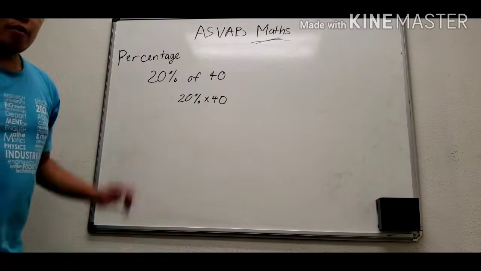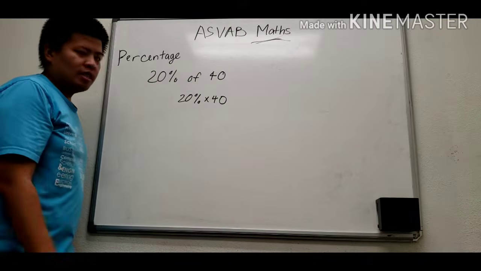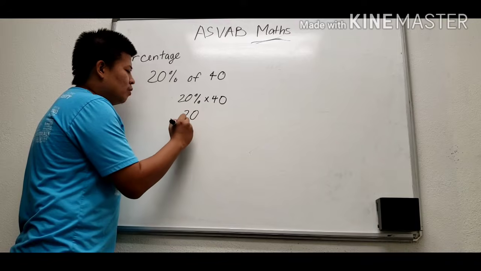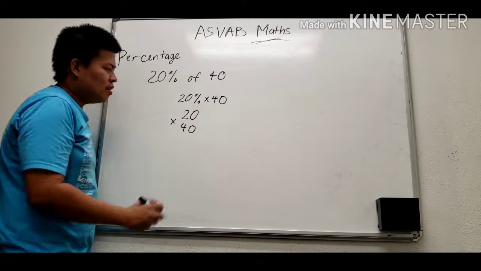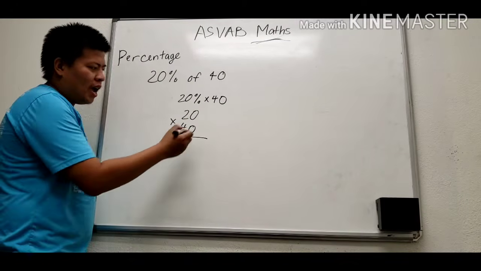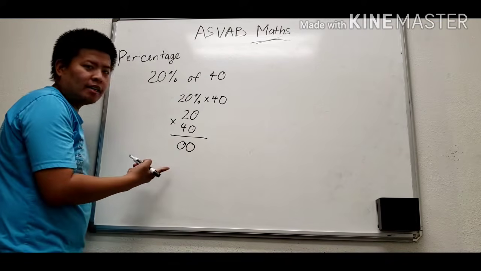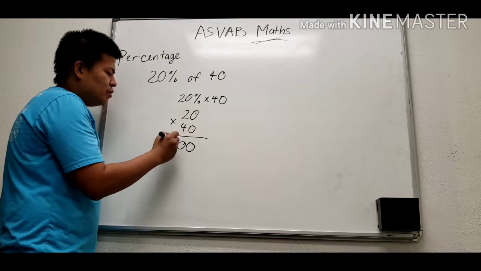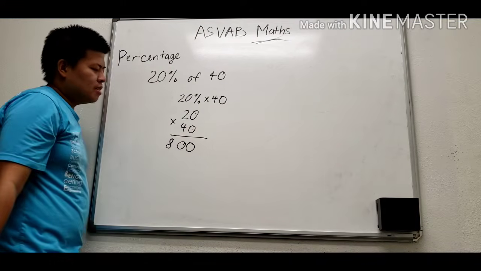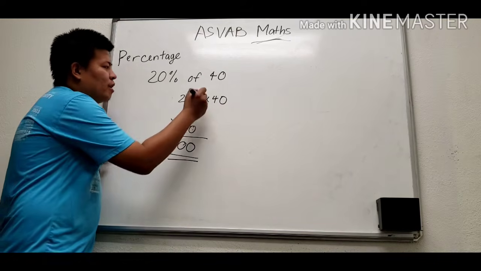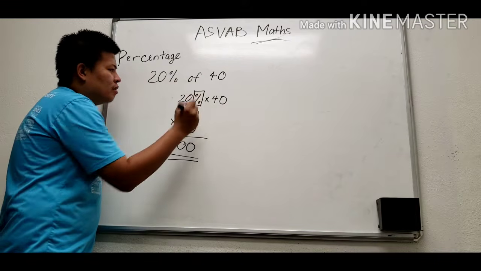So here we show how to do the percentage. We have 20 multiplied by 40. We have two zeros here. 4 multiplied by 2 is 8. We get 800.